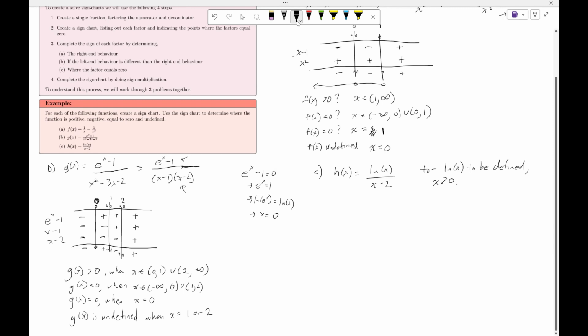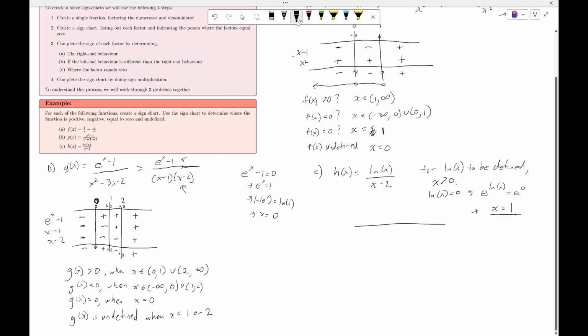And also, ln of x equaling 0 implies e to the ln of x equals e to the 0, which implies that x equals 1. So we have a root on the numerator at x equals 1, but we also have a domain restriction from the ln. But we can still use this to create a sign chart.